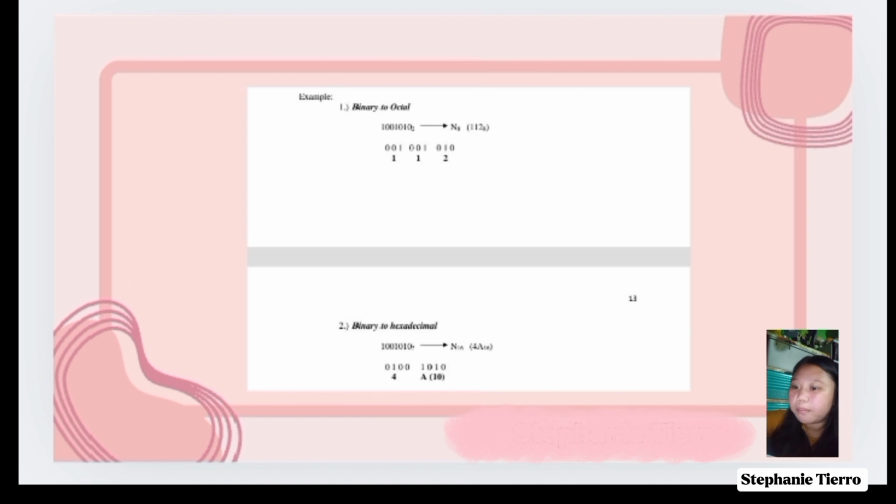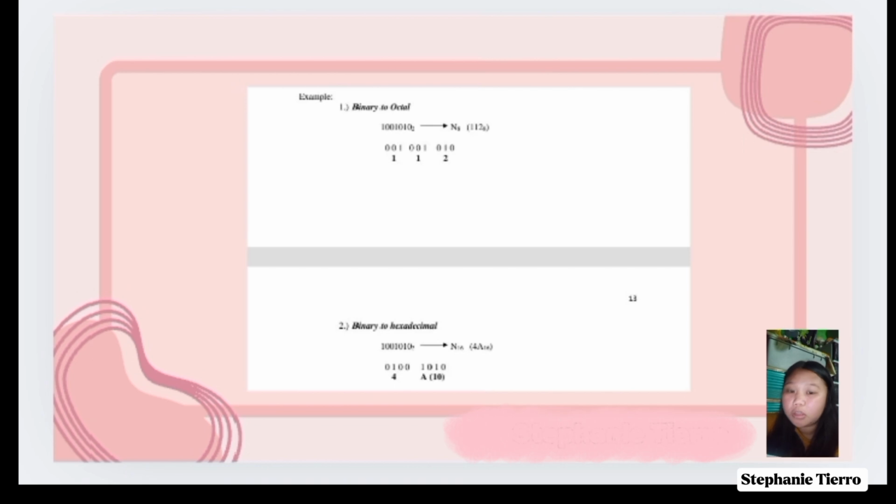Yung binary to octal is yun. Yun ang i-try muna natin. Yung 1, 0, 0, 1, 0, 1, 0, base 2. I-groups natin siya. First group natin ay 0, 1, 0, and next the 0, 0, 1.